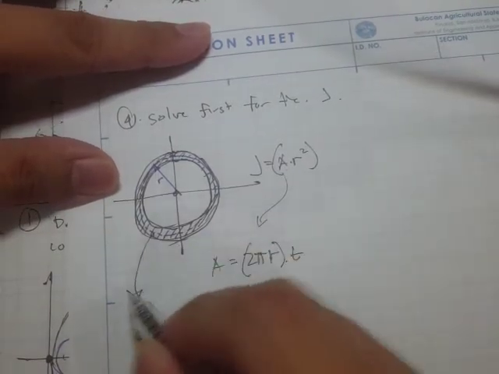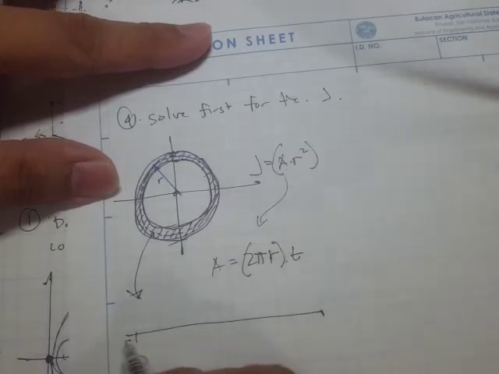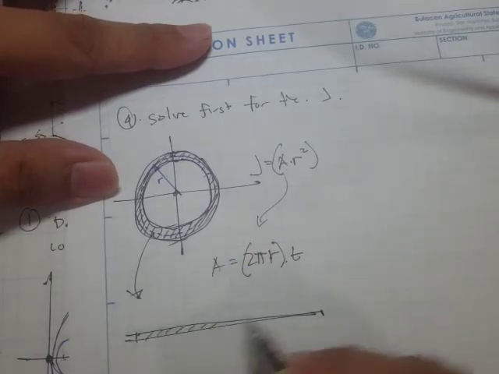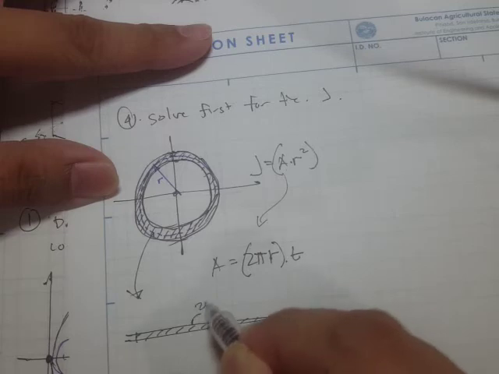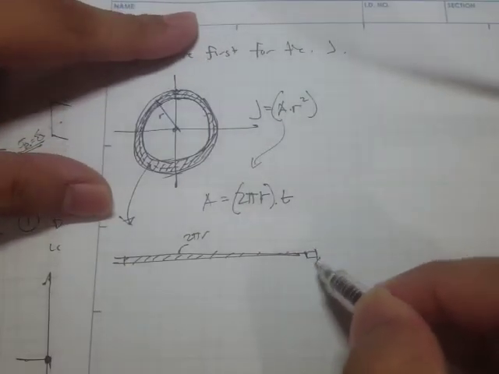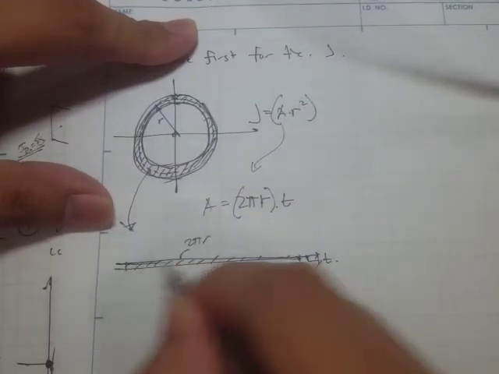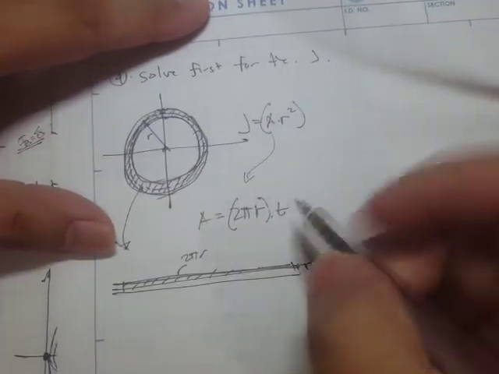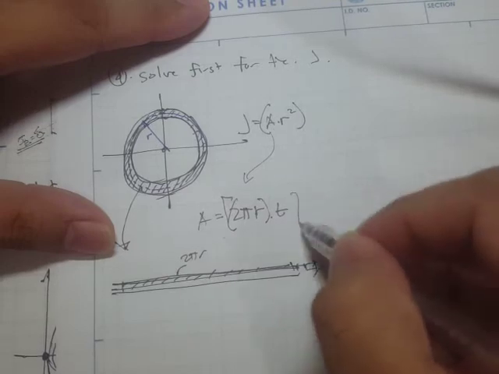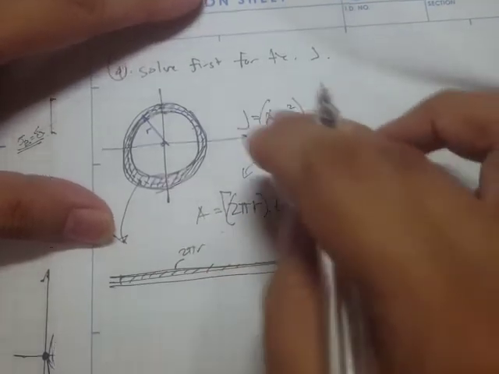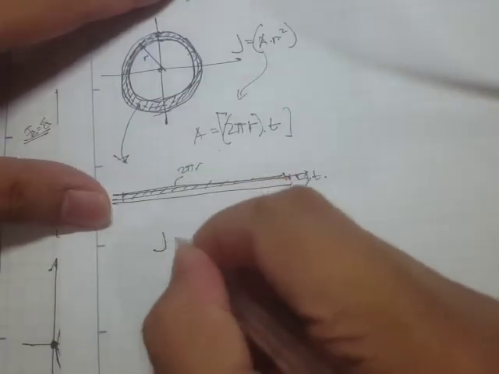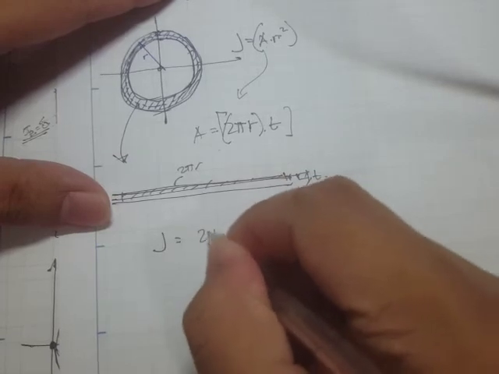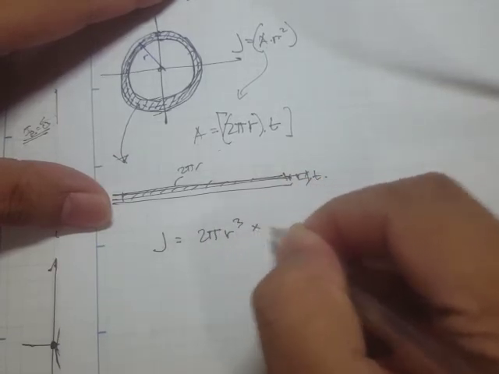So it's like if you are going to transform this into something like this. The length value is 2 pi r, and the thickness is this. Okay, so that's how it works for a thin-walled cylinder. And if this is our area, then if we multiply this by r squared, our J is equal to 2 pi r cubed times t.